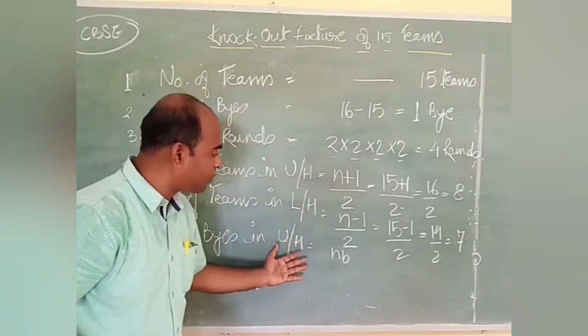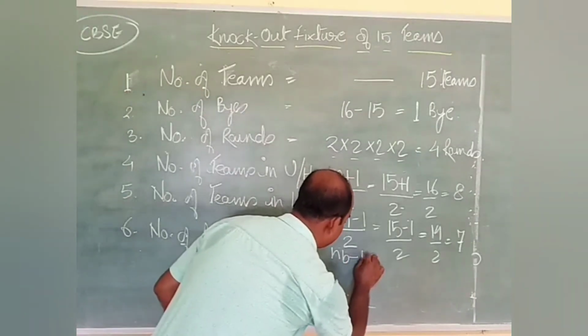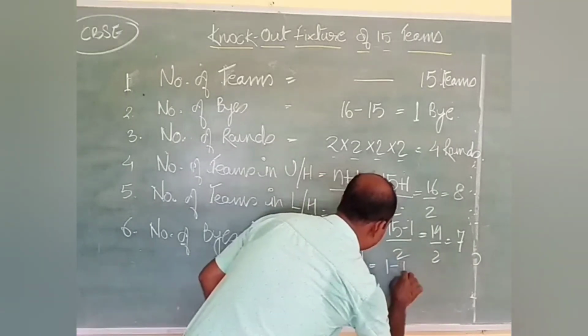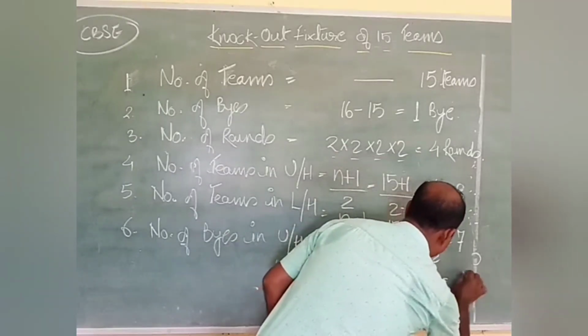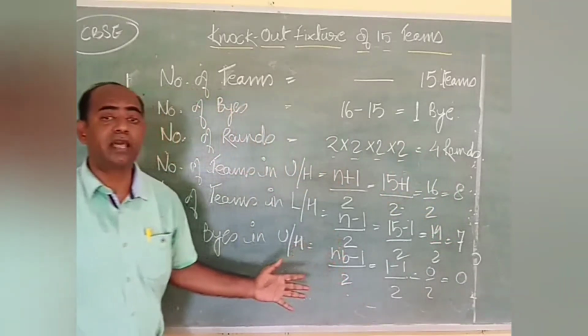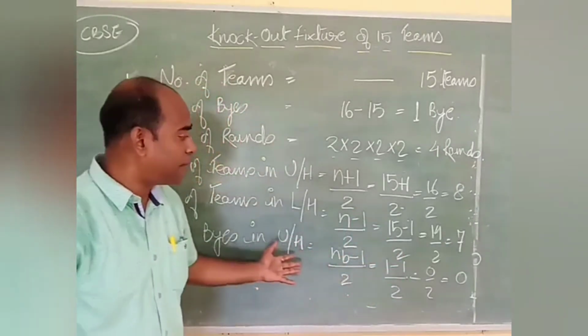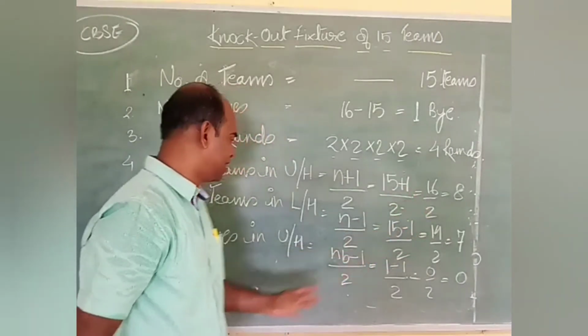When you take the number of byes in the upper half, it is just the opposite, n minus 1. NB minus 1 by 2, so 1 minus 1 by 2 is equal to 0 by 2. Here 0. Since only one team is getting a bye in this tournament, in the upper half there is no bye. No teams will be getting byes in the upper half.